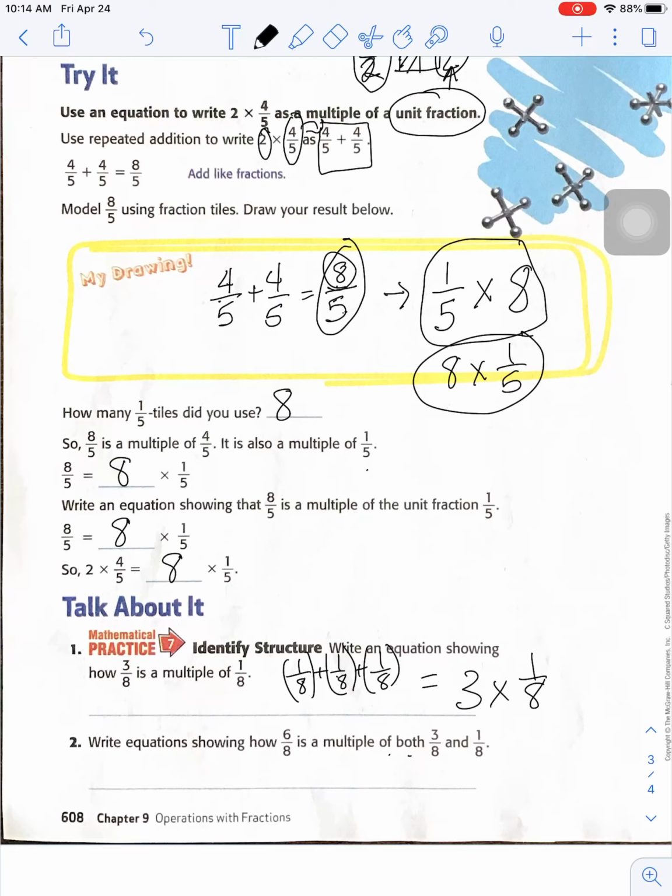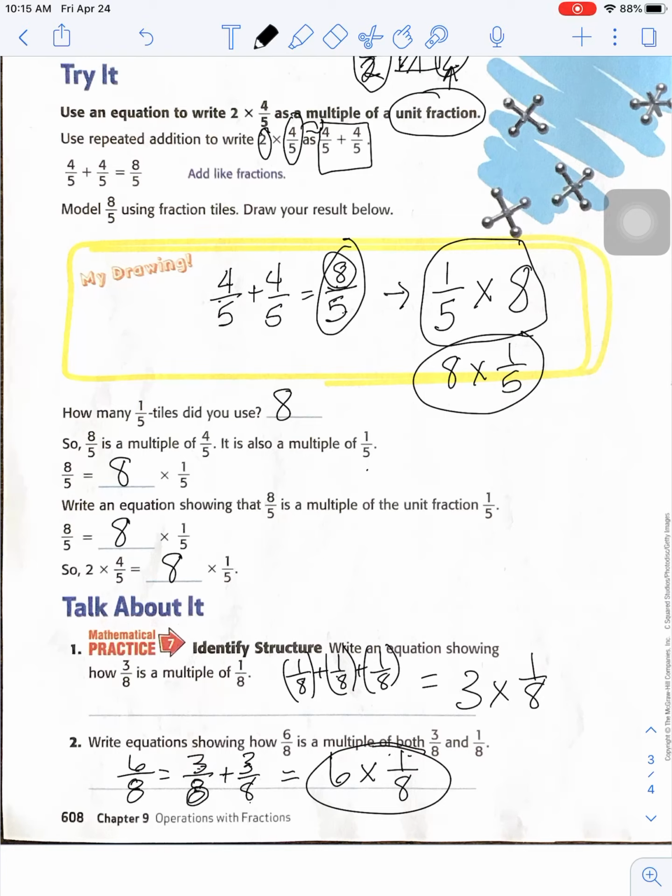Well, 6/8 would be the same as 3/8 plus 3/8, right? Because 3 plus 3 is 6. And then it's also, how many of these eighths did we need? Well, we needed 6 of them, so it would be 6 times 1/8.